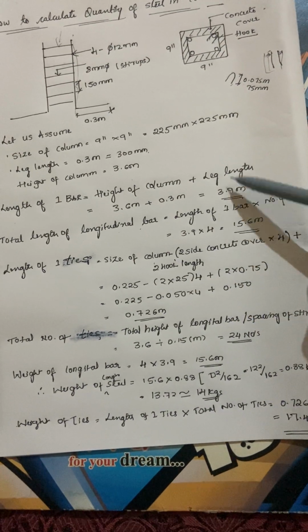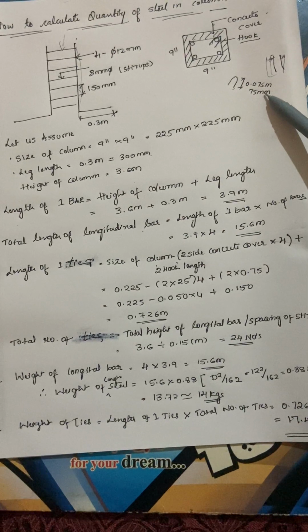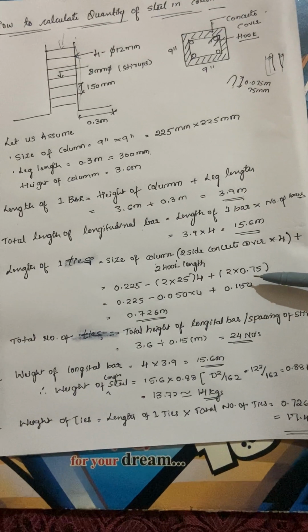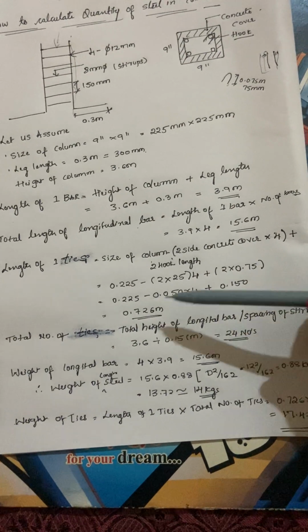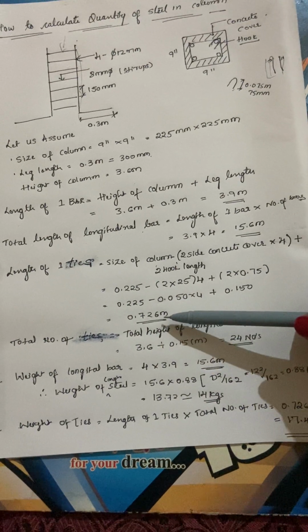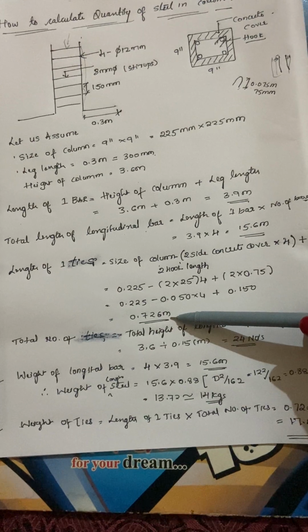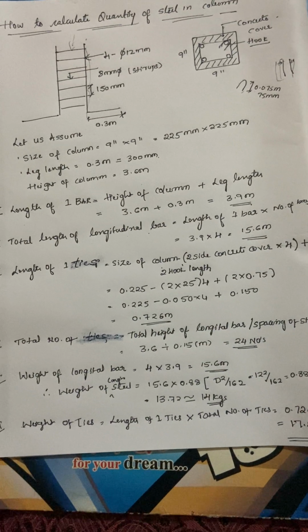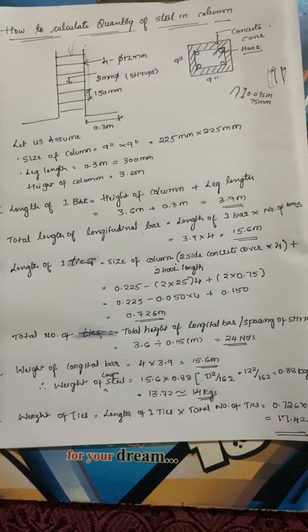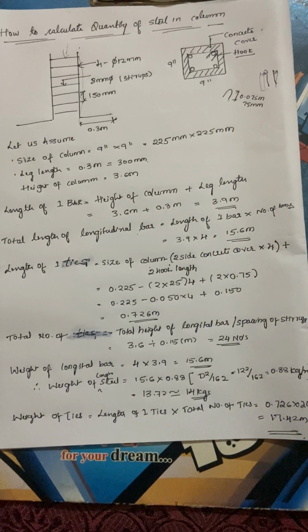What is the hook length? That is 75 millimeter, written in meter as 0.075 meter. When you add all these values, you will get 0.726 meter.